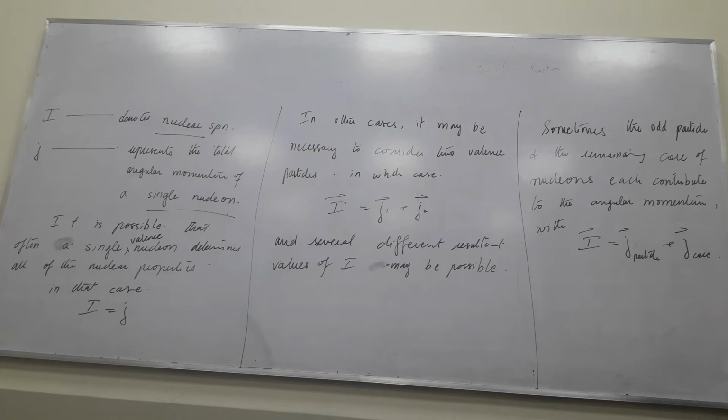Now, we can consider a particular direction, let us say the z direction, and then we can impose a restriction on the allowed values of I considering the z components of the individual nucleons, right.